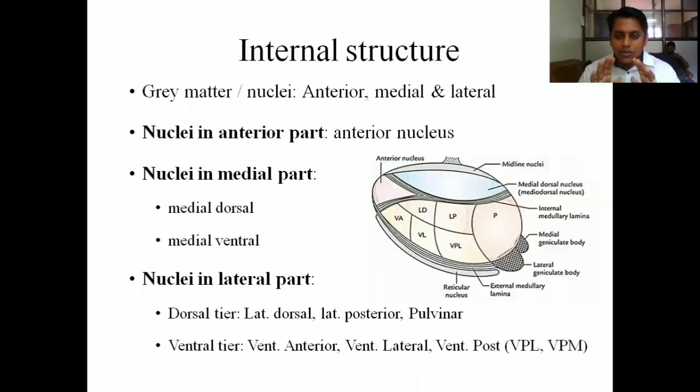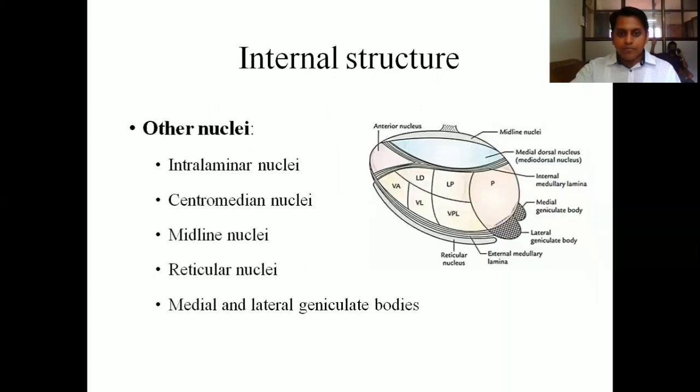Okay, so this does not complete the list. To complete the list, let us go with some other nuclei which are around. The other nuclei are present within this white matter, the intermedullary lamina. So they are named as intralaminar nuclei. One of them is larger and present in the middle, called the centromedian nucleus.